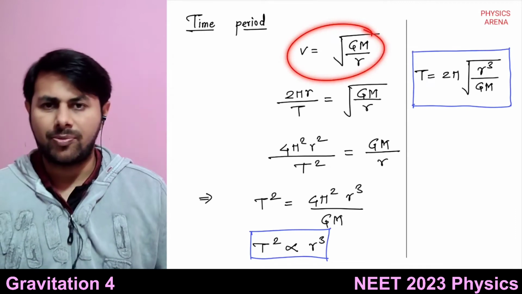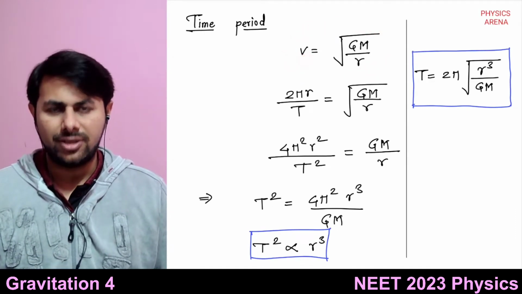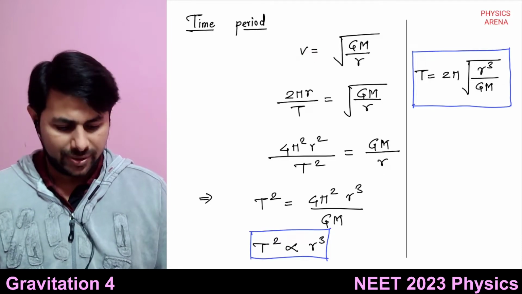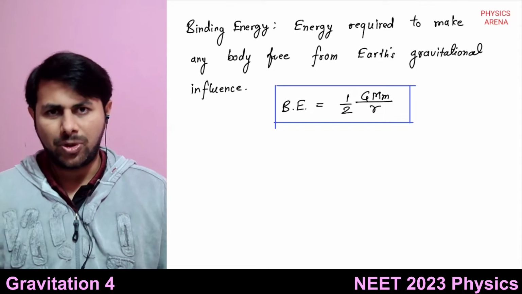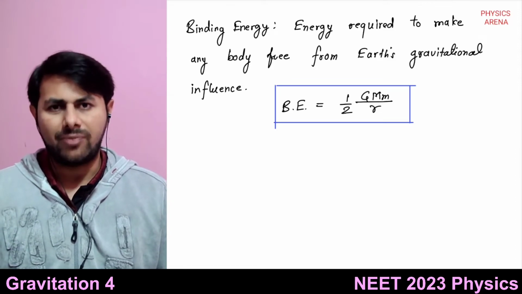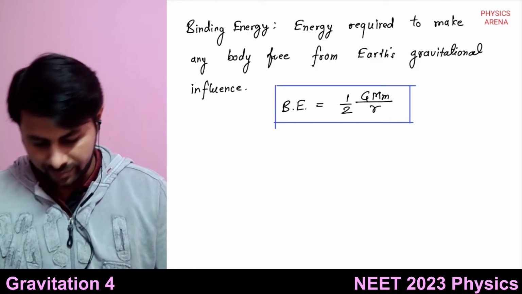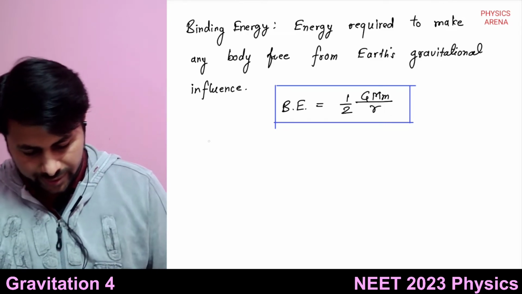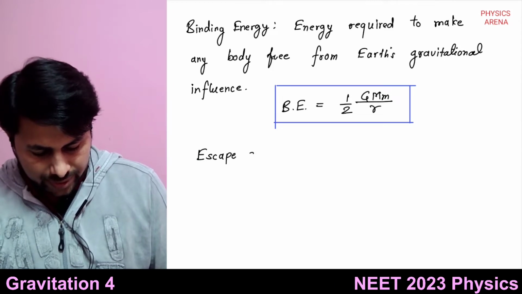Square root of GM upon r. So this speed is known as critical speed. Okay, the speed which has to be given to any body to make it free from Earth's gravitational influence is known as escape speed.